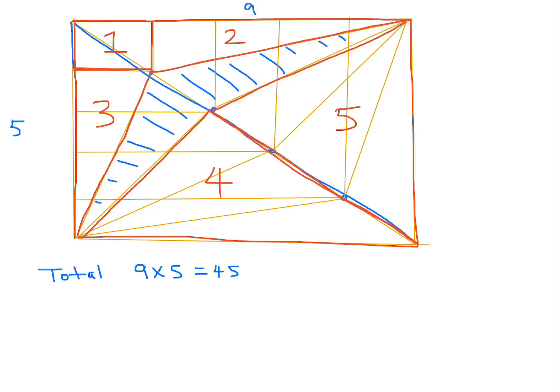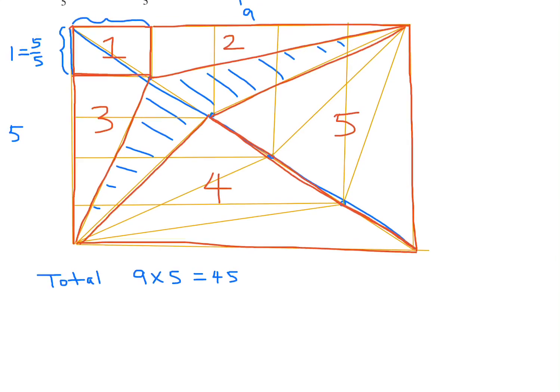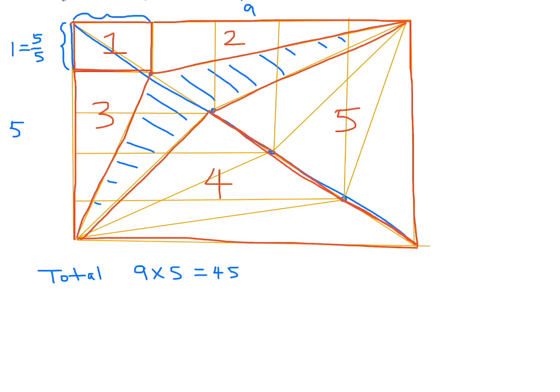Now, to get 1, 2, 4, and 5, I have to start labeling things a little bit here. So remember, 5 was divided into 5 equal parts. So from here to here is 5 over 5, which is equal to 1. And then from here to here, we had to divide 9 by 5, like that, 9 over 5.